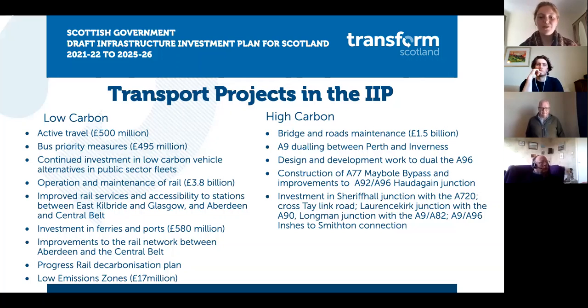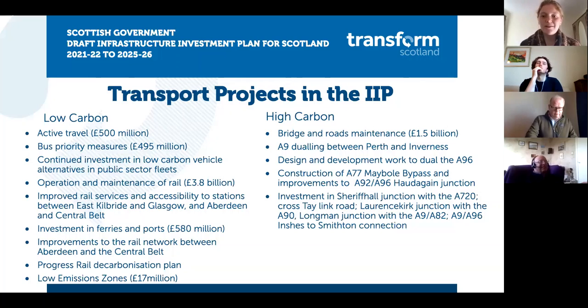So what I've also included here is where the Scottish Government has included cost estimates for these individual projects. I've added them into this list, but what you'll see is that except for the bridge and road maintenance, which arguably is revenue rather than capital expenditure, there aren't actually any cost estimates against any of the road building projects in this IIP.